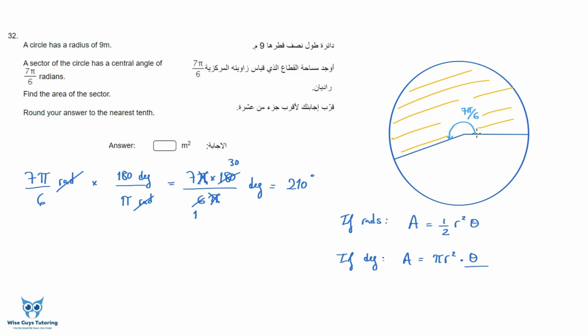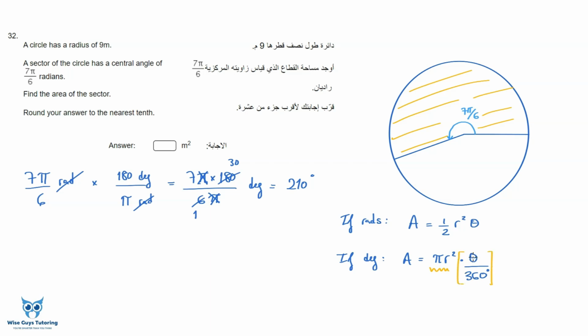We have this many degrees out of a full circle. So if you find the angle in degrees and they ask you to find the area of a sector, you can use this formula, which is basically a full circle multiplied by the portion of the circle that you have.